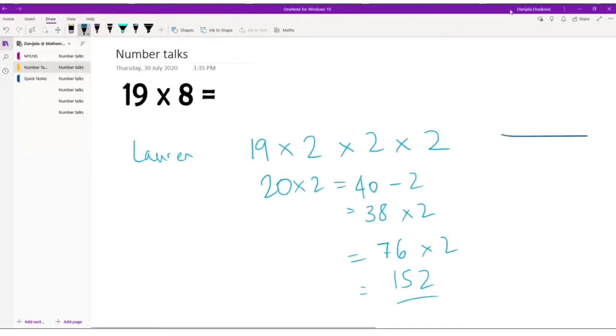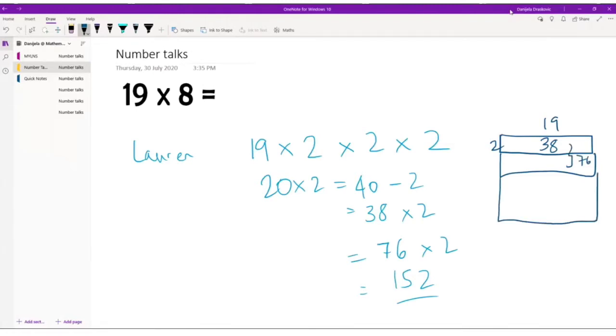Let's say, now ideally I think I would draw this as an array rather than an area, but 19 by 2, area here is 38. Now we have to double that, so doubling that, the 2 together would be 76, and then I have to double that again.